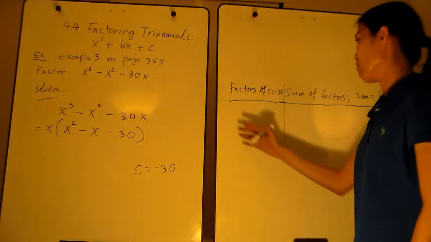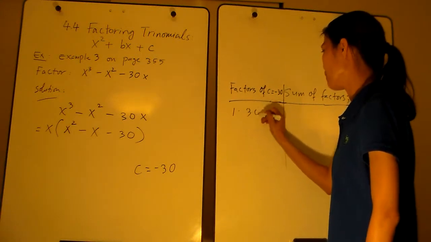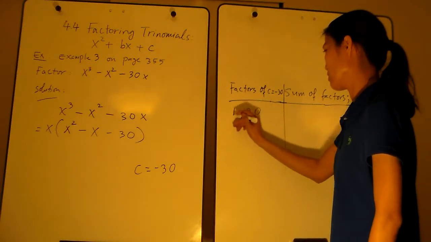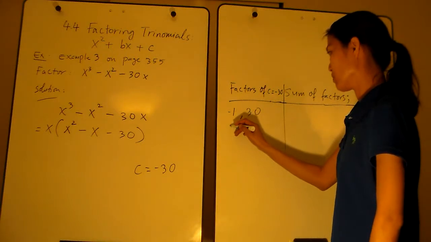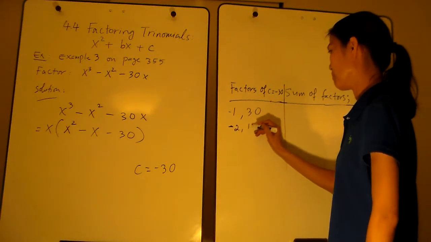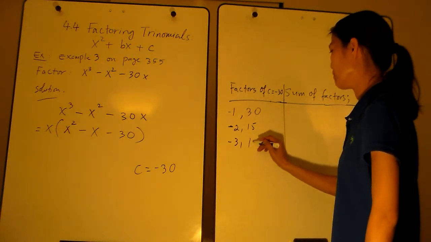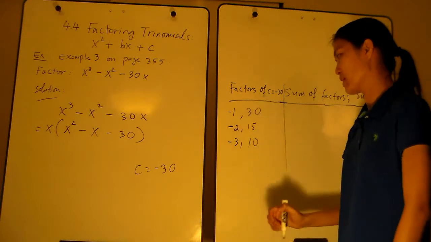Now let's try to find all the factors of c. 1 times 30, negative 1 times 30 is negative 30. 2 times 15. Negative 3 times 10, right? 3 times 10 is 30. 2 times 15 is 30. Don't forget the negative side.